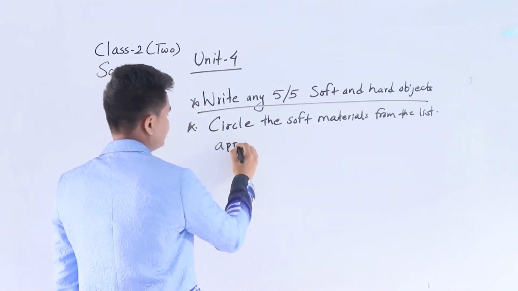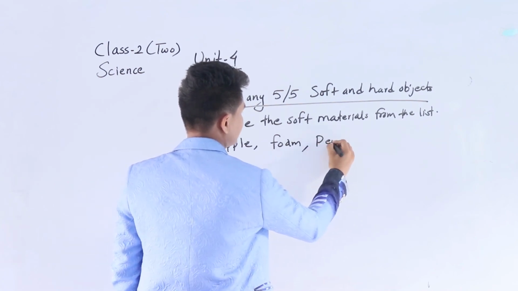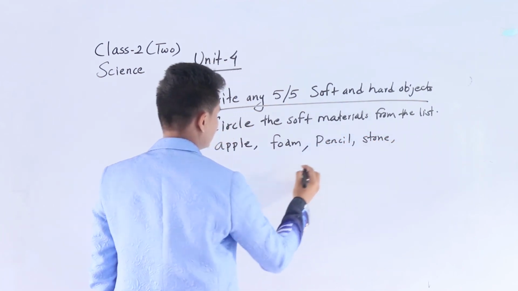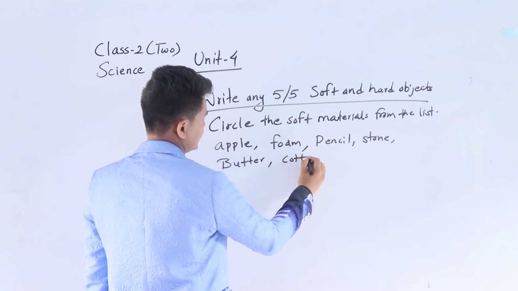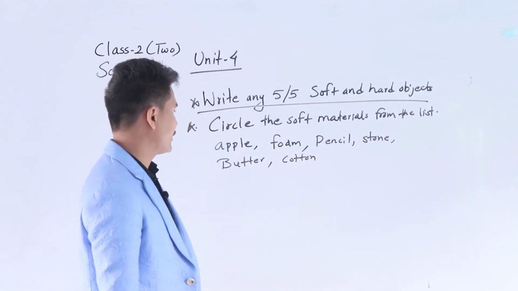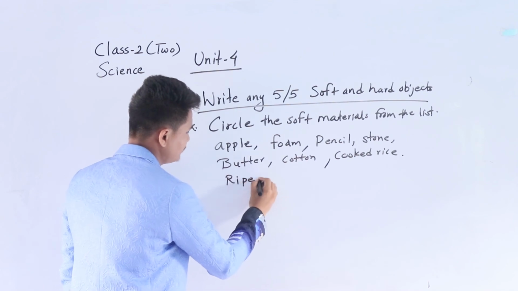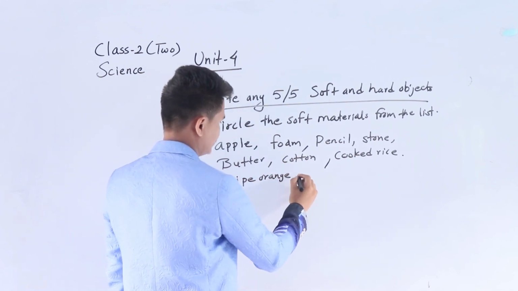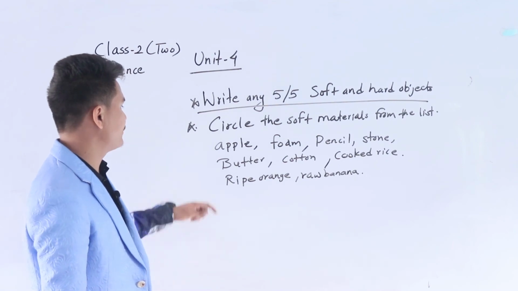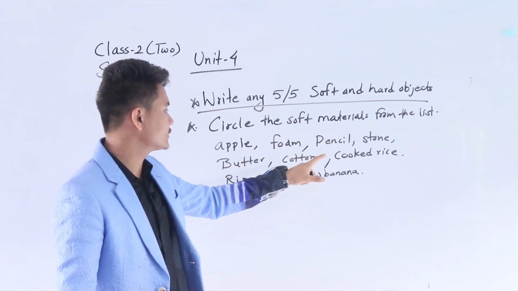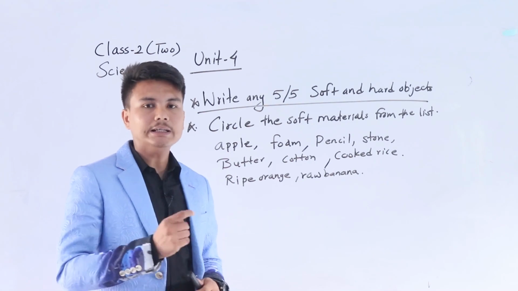I will give you apple, foam, pencil, stone, butter, cotton, cooked rice, ripe orange and raw banana as some examples. So which objects are soft? Please circle them and do it.